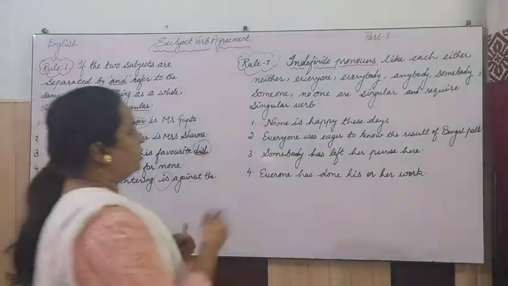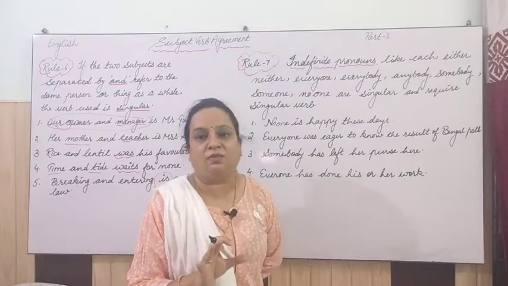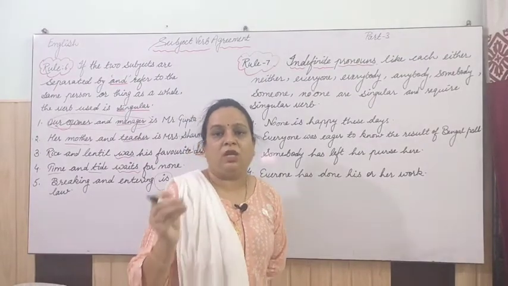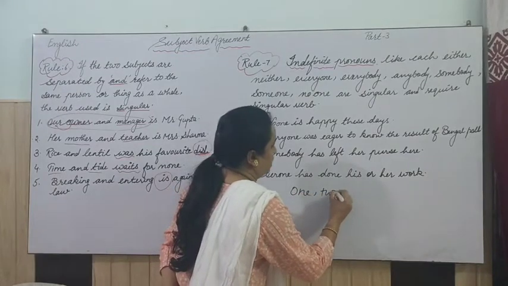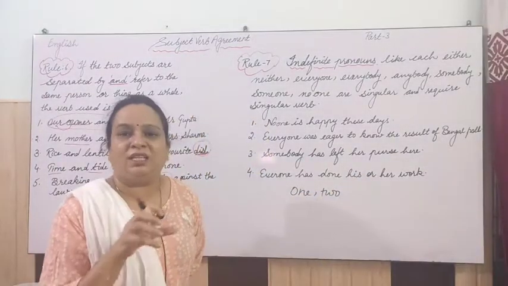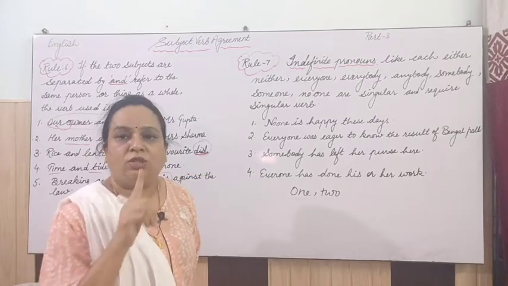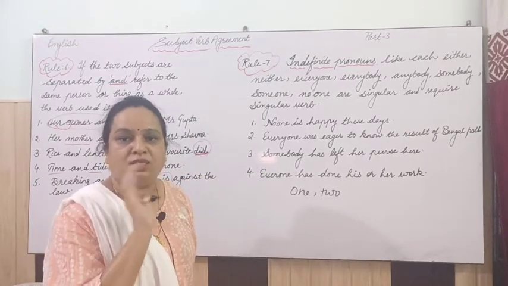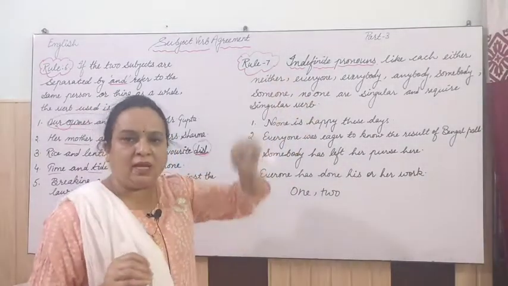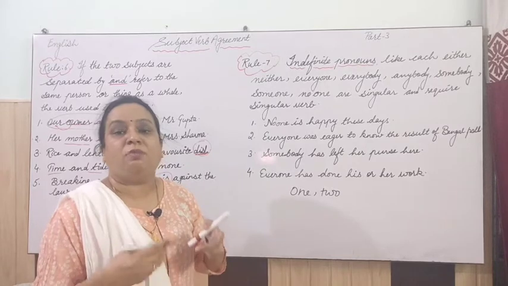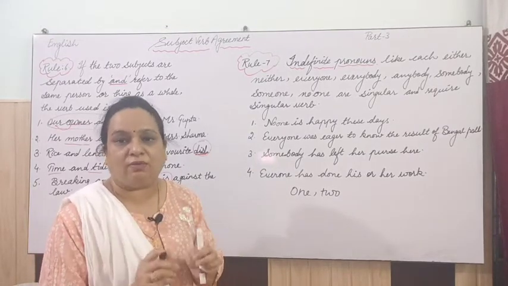The word indefinite itself is telling us it is not definite, which cannot be counted. If I speak about 1 or 2 or 3 or 4 and so on, that is definite, right? Like "One boy was playing outside", so one number is definite over there. But if I say "No one is playing outside", or "all the boys" or "many boys were playing outside", that "many" is indefinite, right?